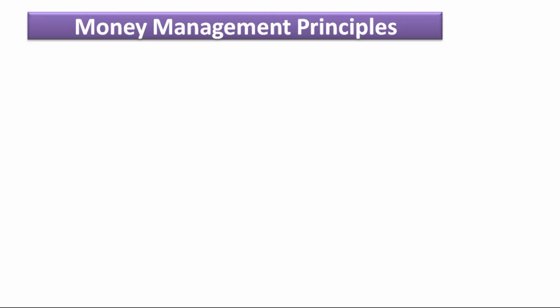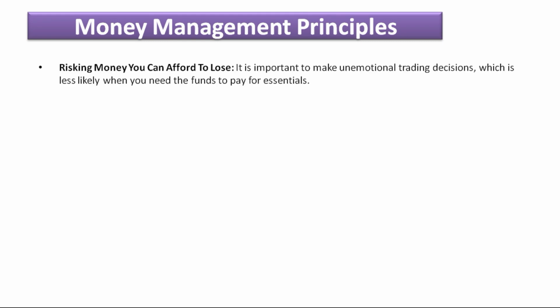So next, we're going to be looking at money management principles. What are the principles we adopt in money management? Risking money you can afford to lose is the first one we should look into. When you came into trading, you possibly have heard: do not invest money that you cannot afford to lose.